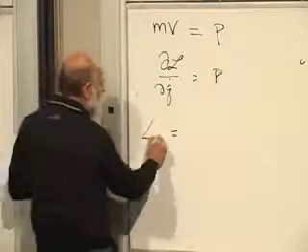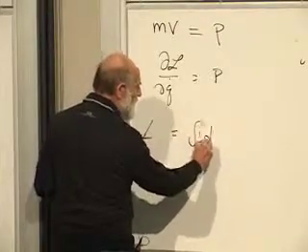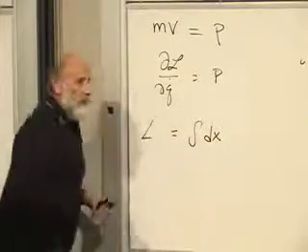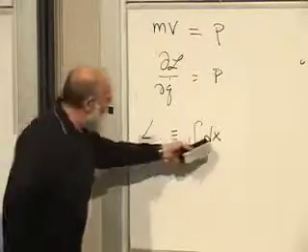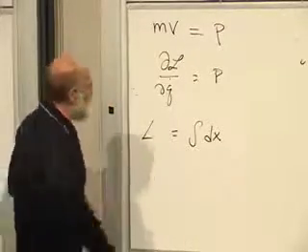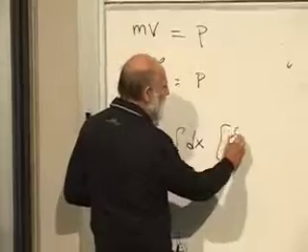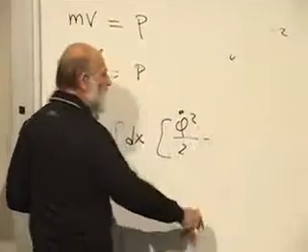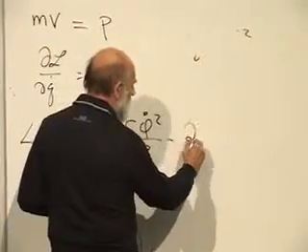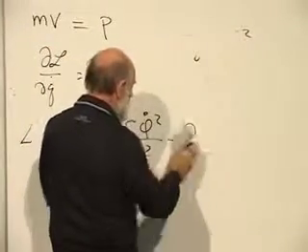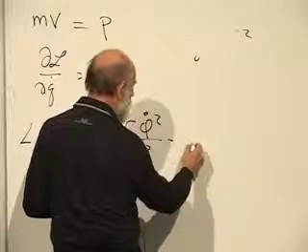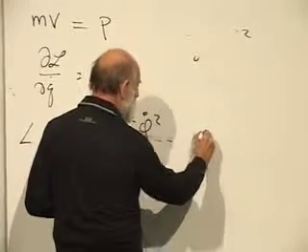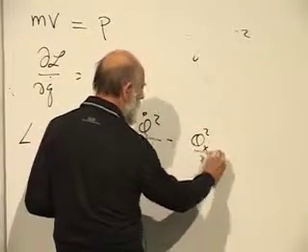The Lagrangian is the integral over space, dx. If there are 3 dimensions of space, this becomes d cubed x. And then we wrote something with phi dot squared over 2 minus some derivatives, let's say d by dx, phi_x squared over 2, whatever else.